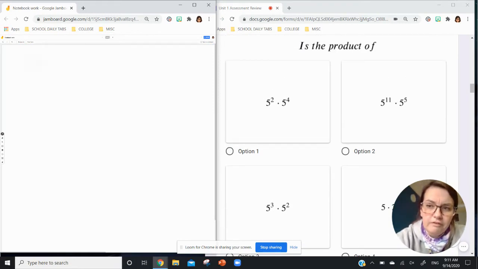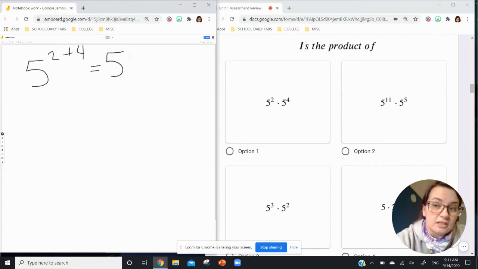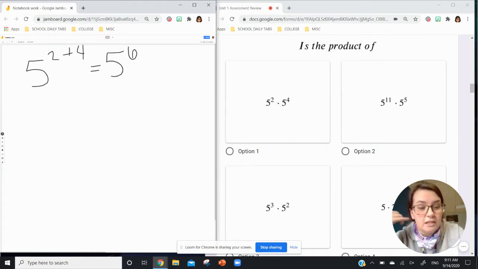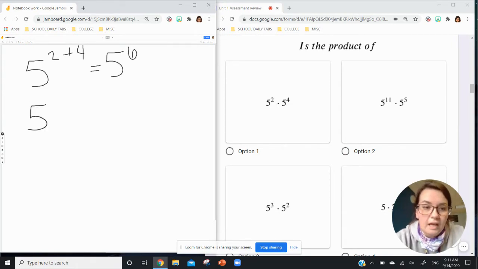The first one, we would add the exponents of 2 and 4. Well, that looks like 5 to the 6, but I'm just going to be completely sure.